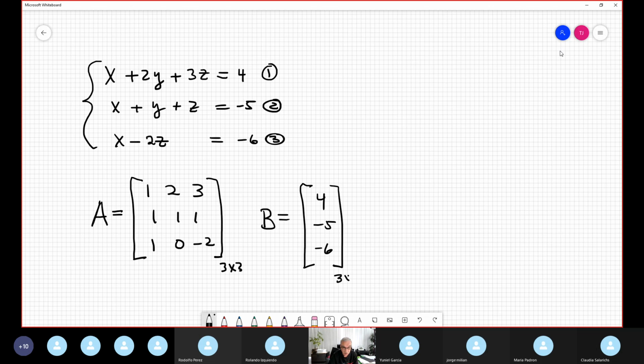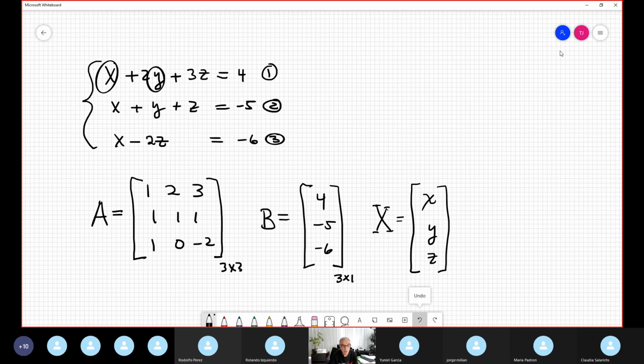It's 3 by 1 because we have 3 rows and 1 column. And this is a vector. And you have another vector that I call capital X. Now, who is capital X? It's weird. It's the column vector formed by x, y, and z, the original x, y, and z.